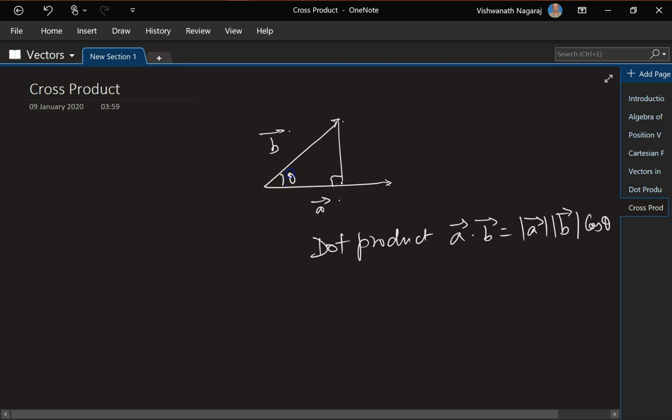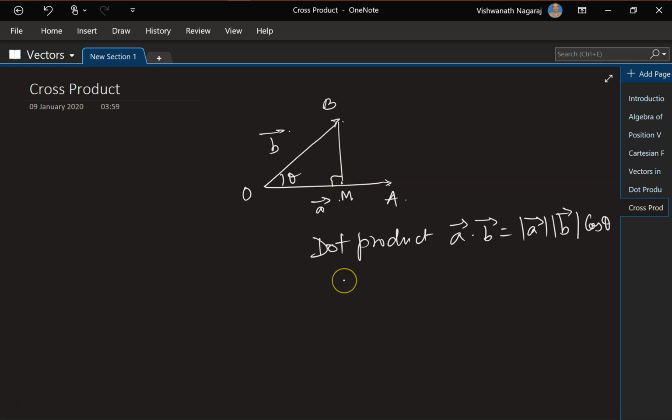Sin theta is going to be opposite side by hypotenuse. That means this part, so let's say O, B, A, OA, OB, and let's say this is M. So BM would be the opposite side.